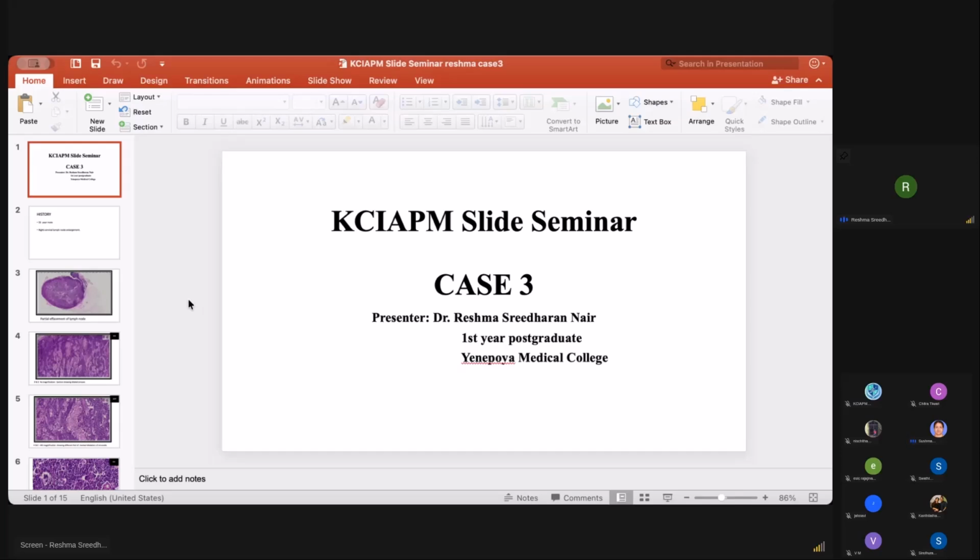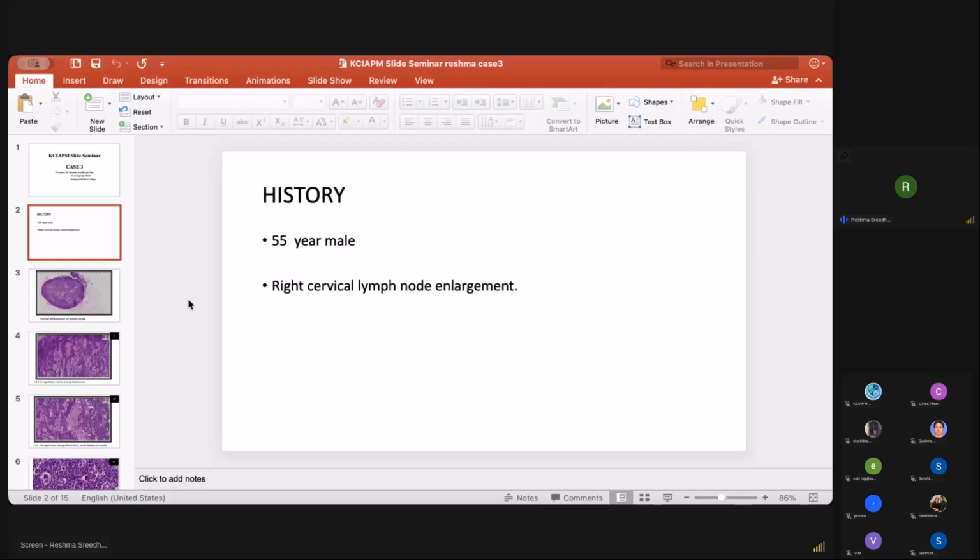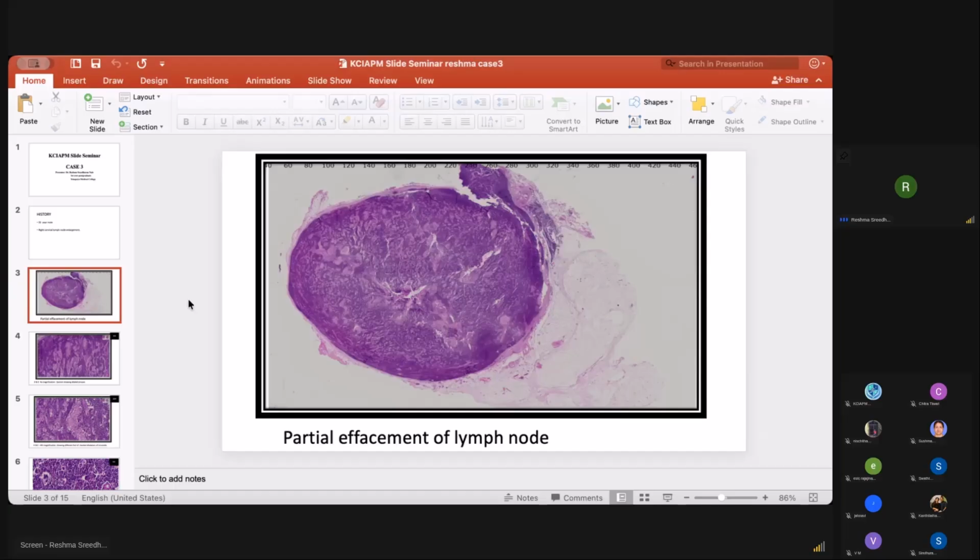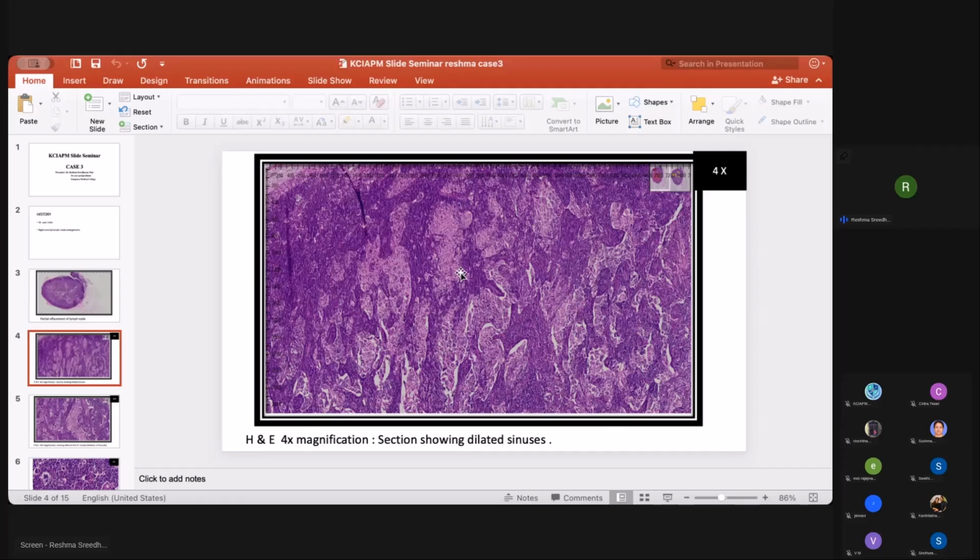Good afternoon, everyone. I am Dr. Reshma, first year postgraduate in Yenepoya Medical College, Mangalore. The history provided was a 55-year-old male with right cervical lymph node enlargement. This is a partial effacement of lymph node, and this is a 4x magnification showing dilated sinuses.